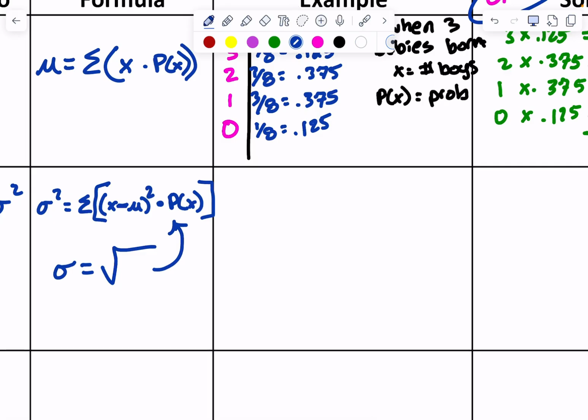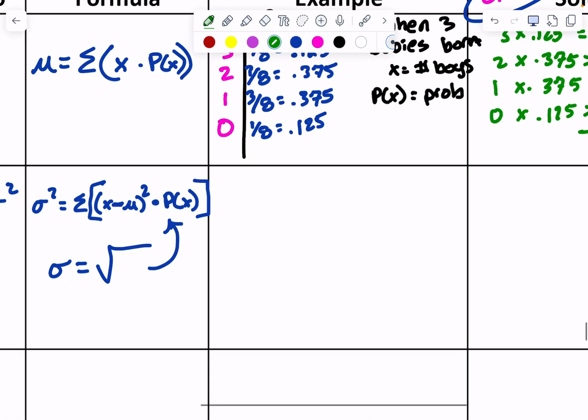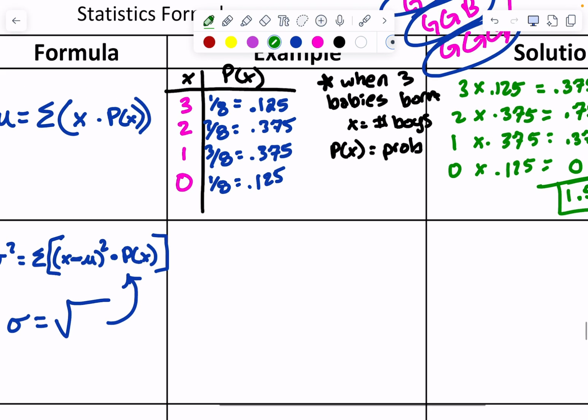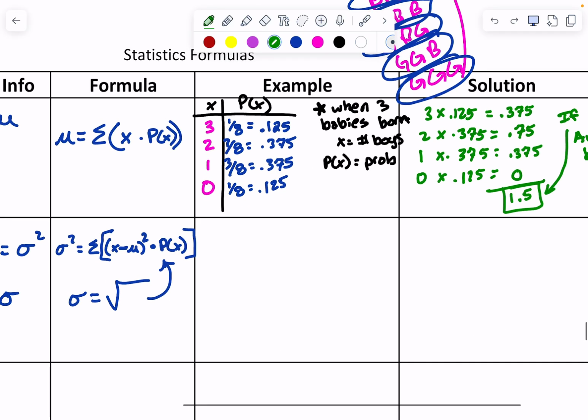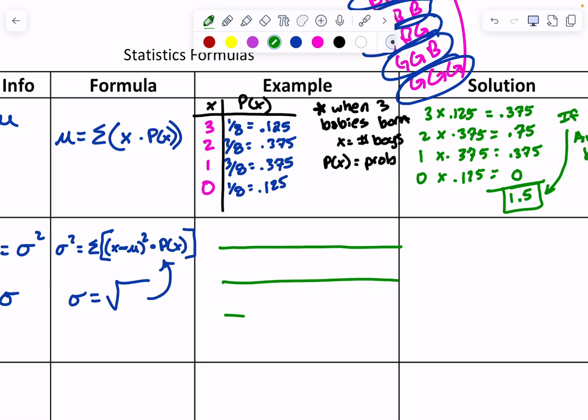Because this is so long, we're using that same table from up above, right? So I'm going to use these two for the solution. First line, I've got 4 lines: 1, 2, 3, 4. First line, I'm taking x minus mu squared times p of x.